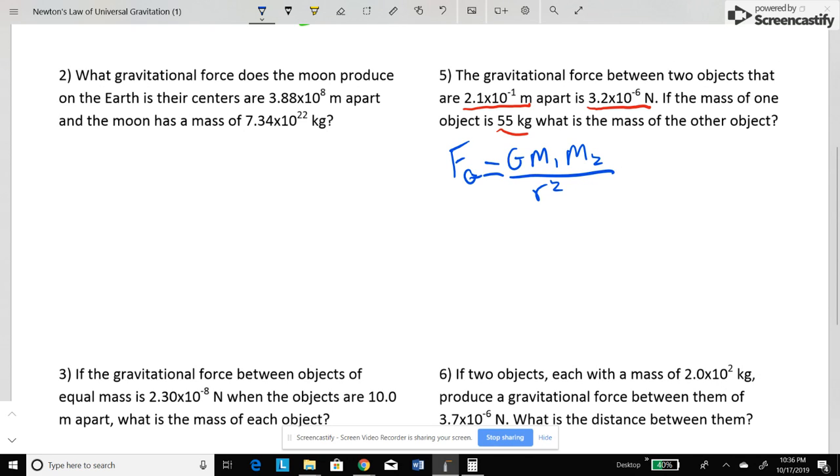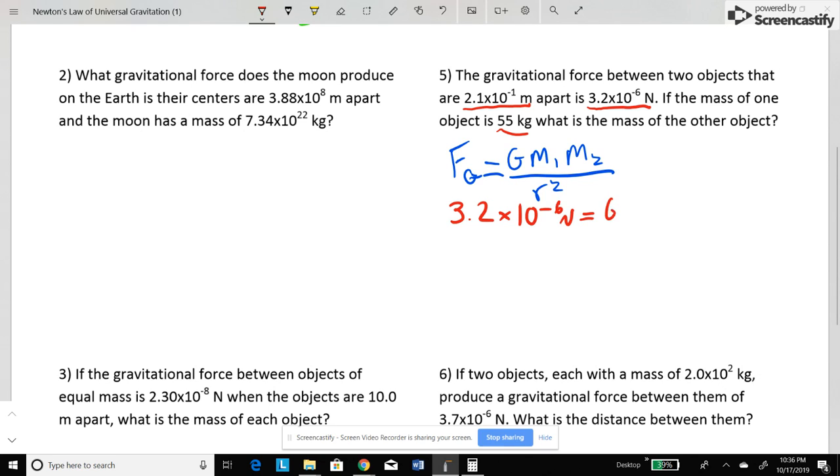All right. So now I'm gonna start plugging in what I know for sure. I do have a force, so I'm gonna write down that I have 3.2 times 10 to the negative 6 newtons.